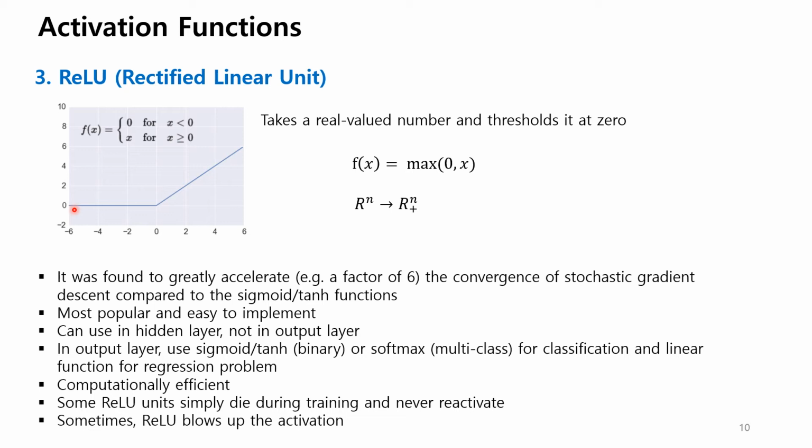That means their output is 0. It does nothing. So many ReLU units simply die. Die means output is 0. And it never recovers. It simply dies, and from that moment on, it never reactivates. That's the problem of ReLU.